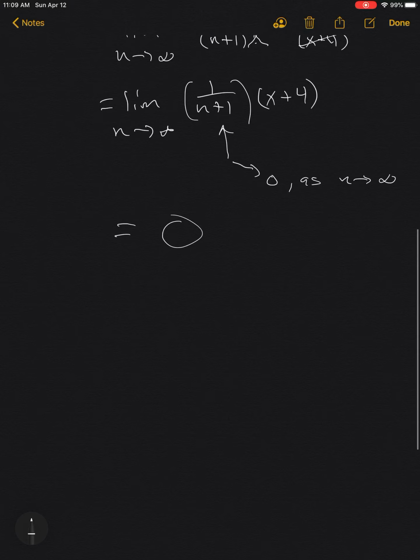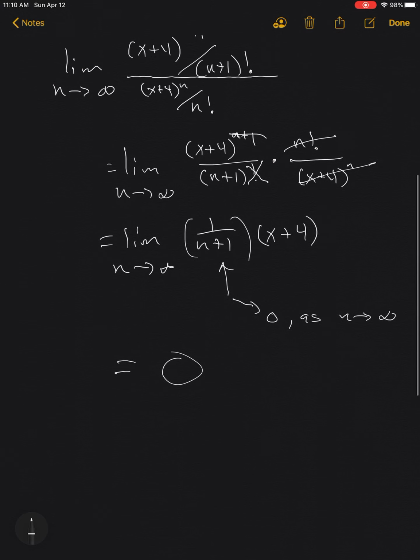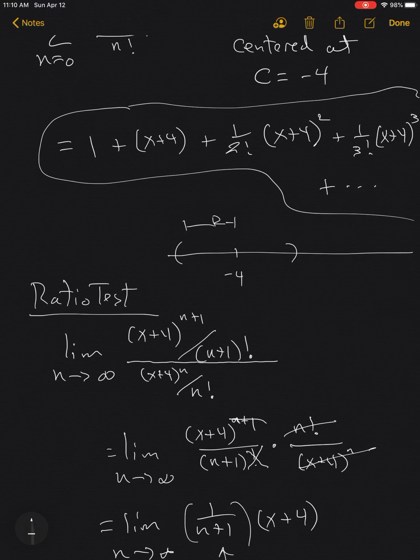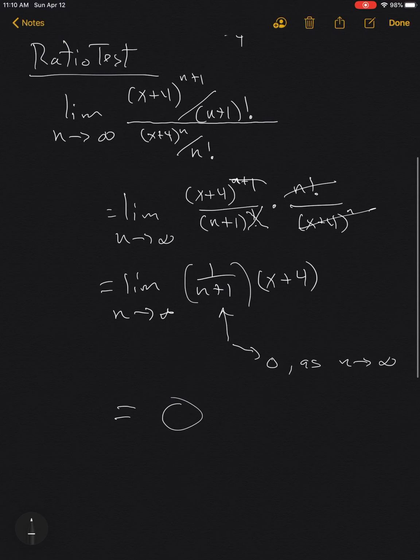What does this mean? Well, no matter what x value we plug into our power series, it's going to yield a series that, when we apply the ratio test, results in a limit of 0. That implies convergence. 0 is less than 1. And so we have a series that converges for every value of x.